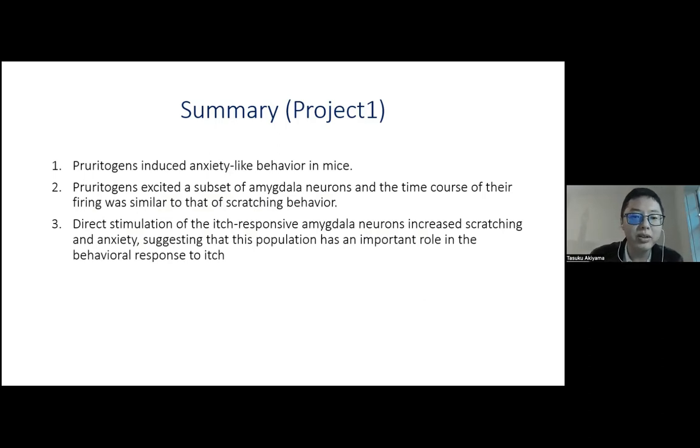Importantly, direct activation of the itch-responsive amygdala neurons can increase the scratching behavior and the anxiety-like behavior. So we can validate that a subset of the amygdala neurons has an important role in the behavioral response to the itch and the anxiety-like behavior.